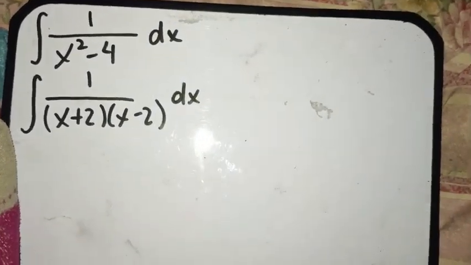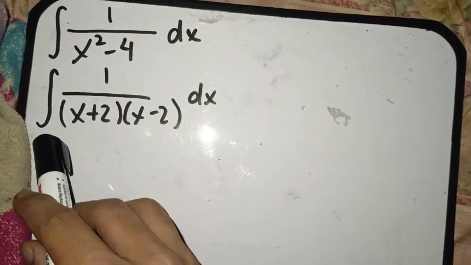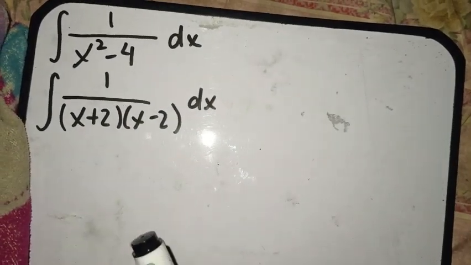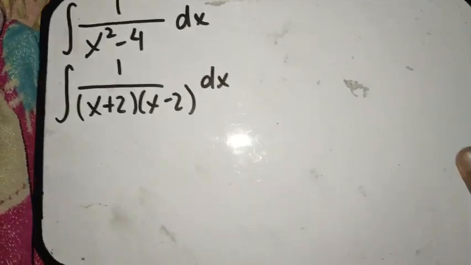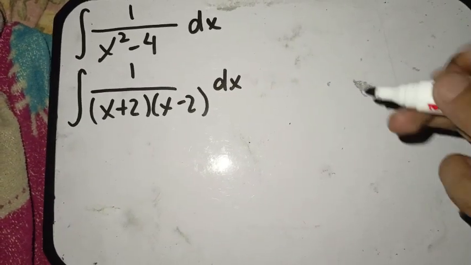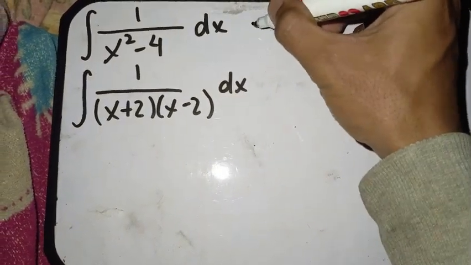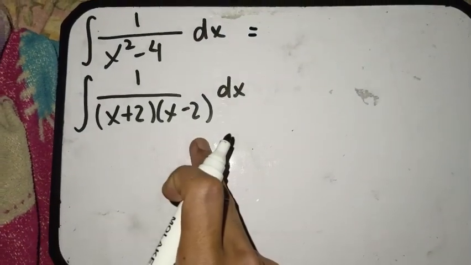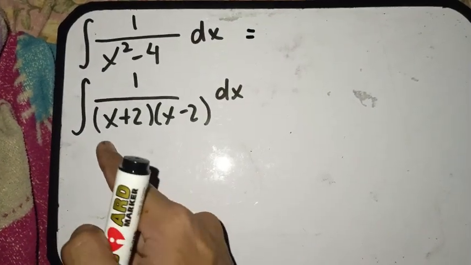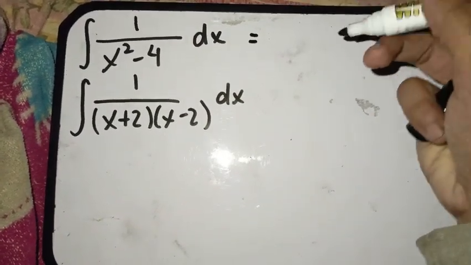So now we have the factored form of our equation. Let's divide this into two integration parts.